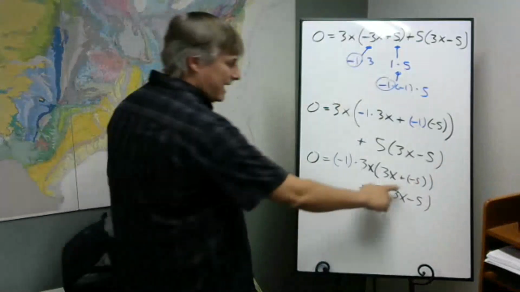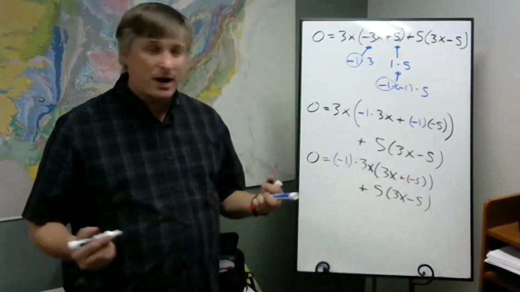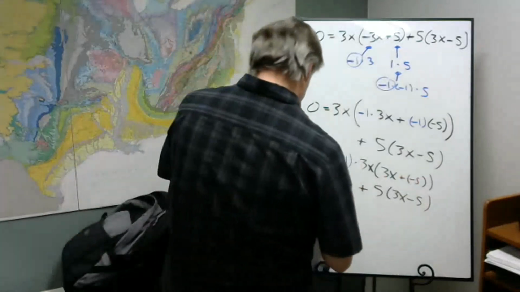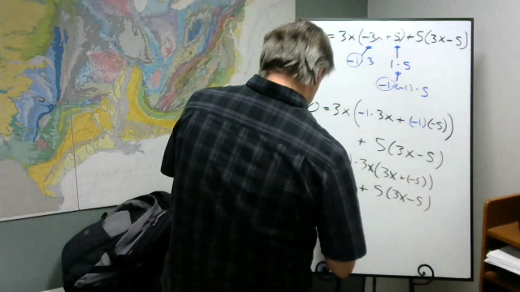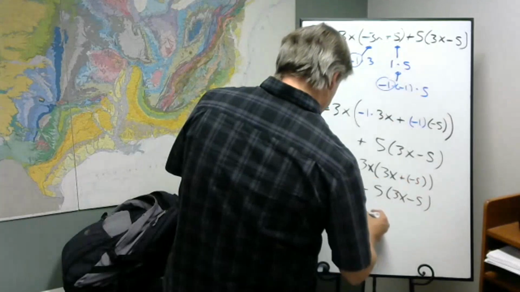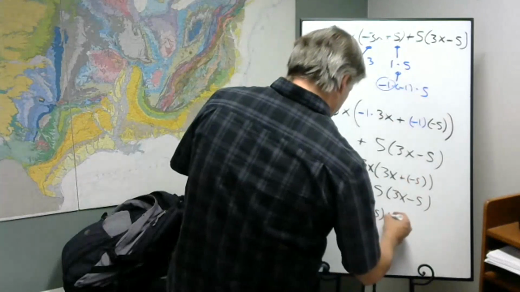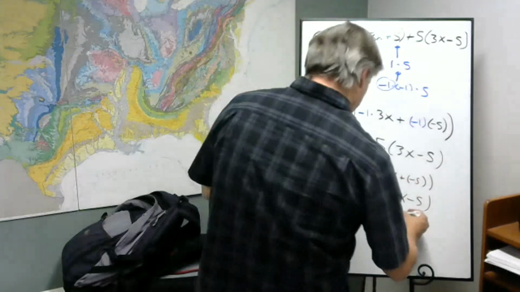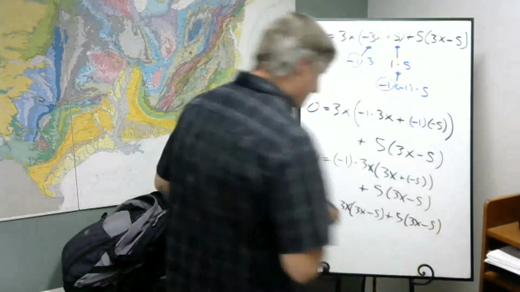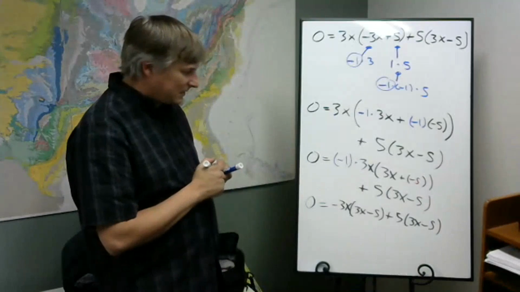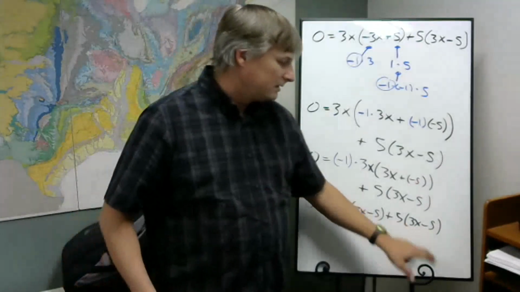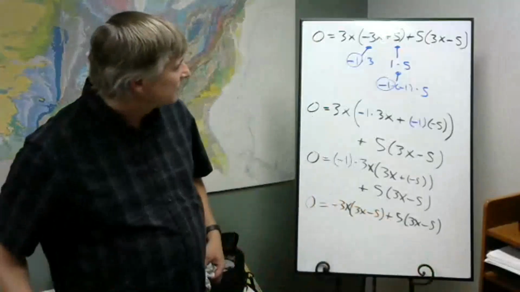And now remember that adding a negative is just subtraction. -1 times 3 is -3. So you get minus 3 times 3x minus 5 plus 5 times 3x minus 5. So now we finally got the same binomial in the two groups.